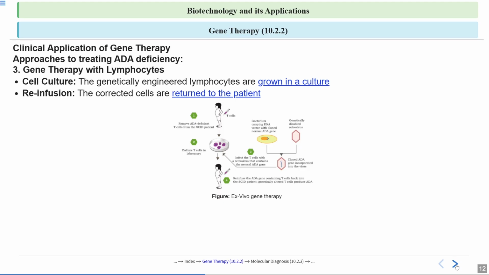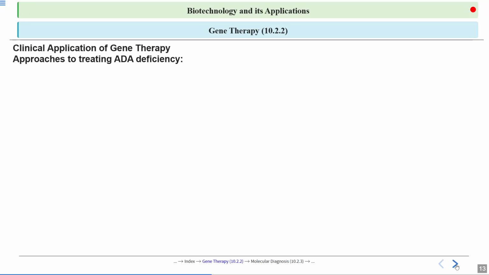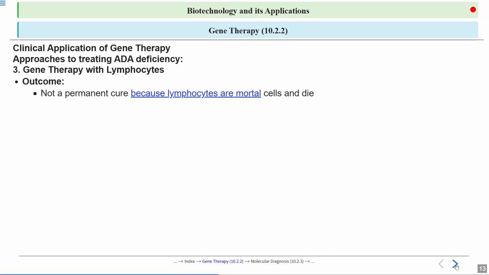So what is the outcome now? The patient is going to have genetically altered lymphocytes, but here we have to understand that this is not a permanent cure. Why is this not a permanent cure?